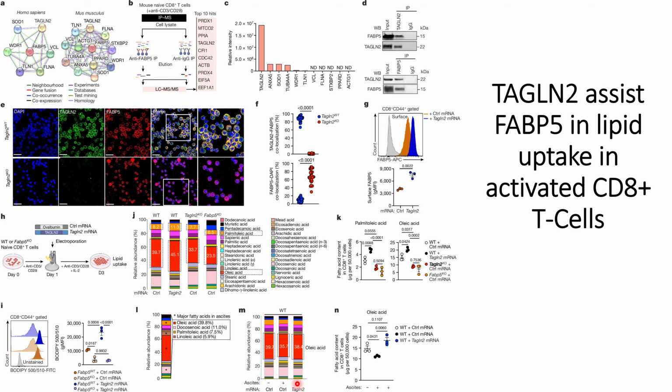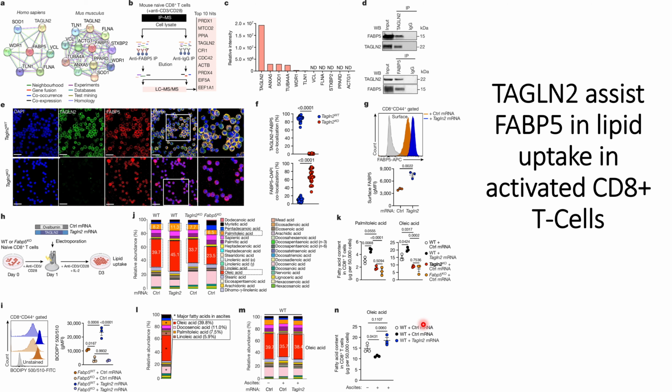However, when they use TAGLN2 mRNA, or overexpress TAGLN2 on the cell surface of these CD8+ T cells, they see an increase in oleic acid, which indicates that in the cancerous conditions also, TAGLN2 helps the FABP5 protein with lipid uptake.